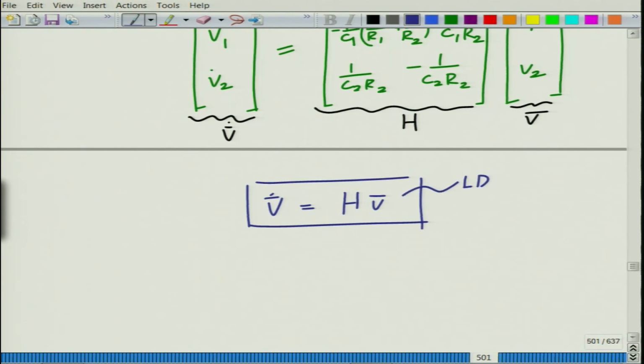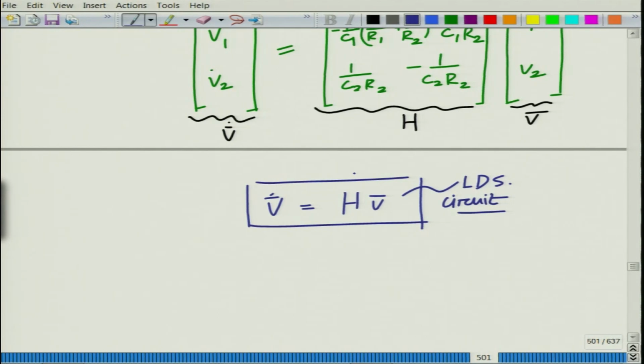You can see how a circuit with elements such as capacitors can be modeled as a linear dynamical system. So we have V bar dot equals H times V bar, where H is this matrix.